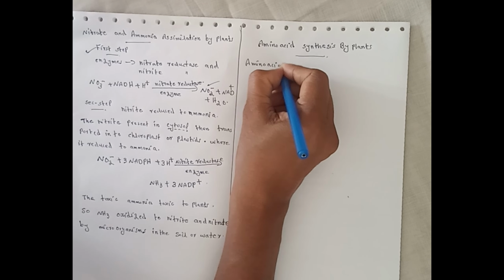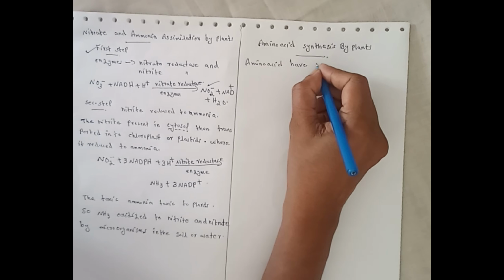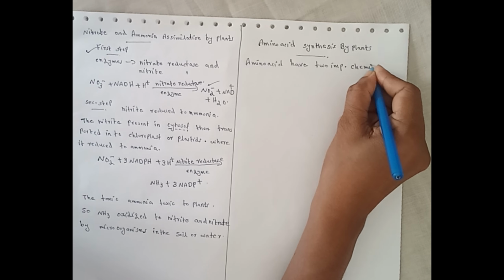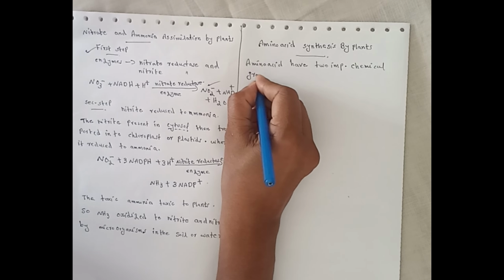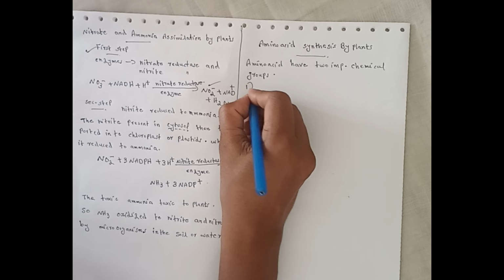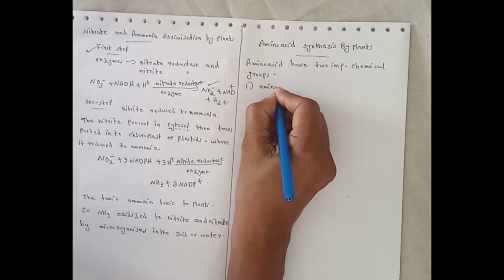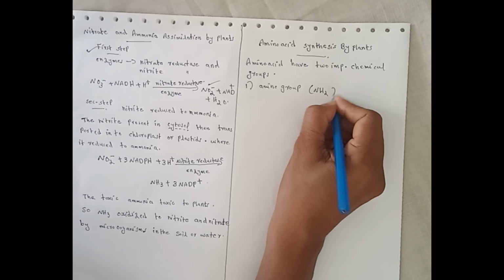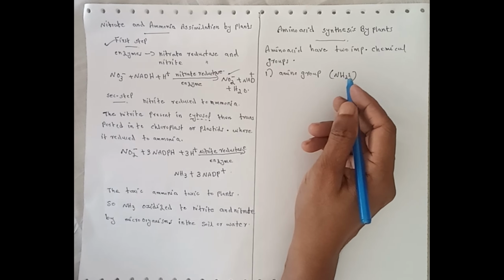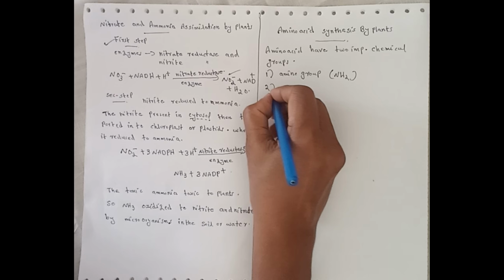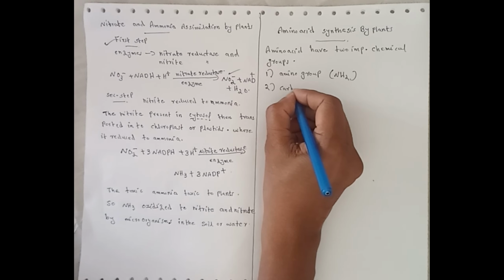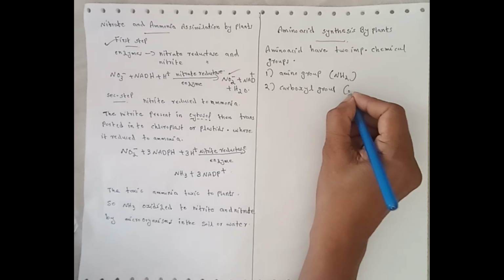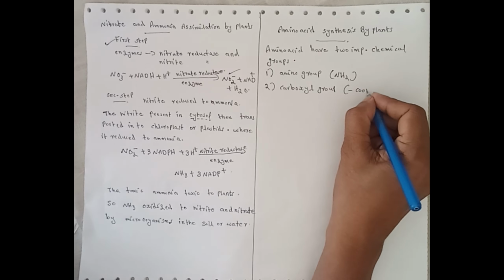The first is the amino group, that is the NH2 group, and the second is the carboxyl group, that is the COOH group.